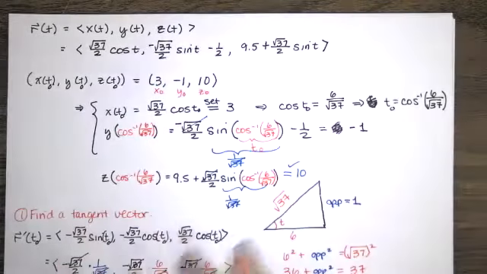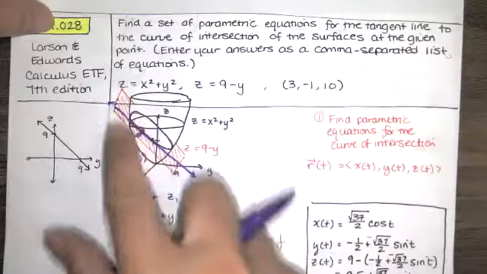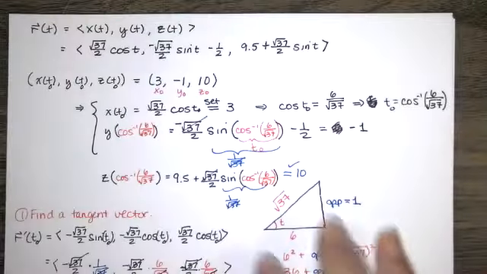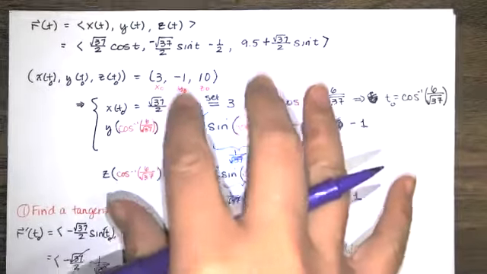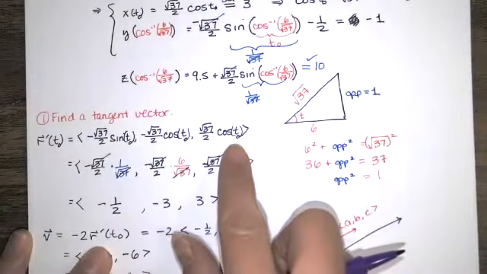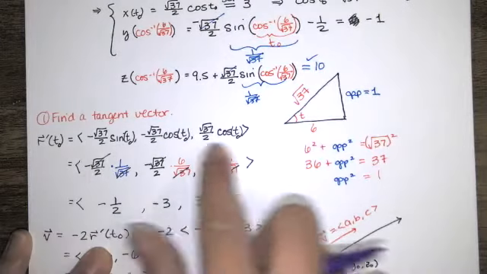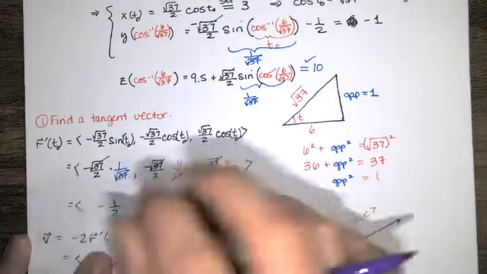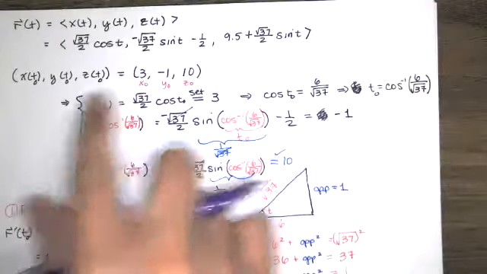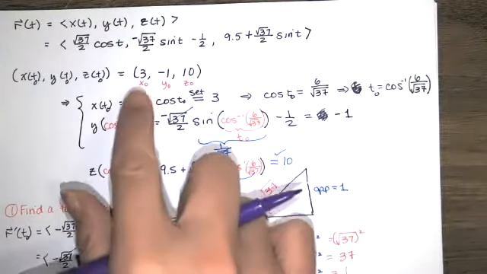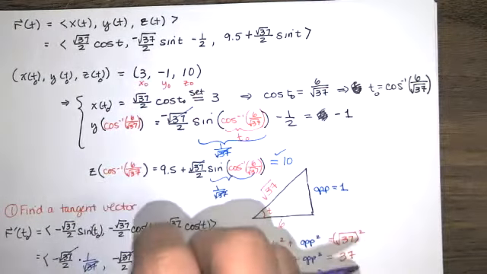Okay, so we got our parametric equations of that circle, that slanted circle in 3-dimensional space. It's going to look like that. And we said if we want the tangent line to that, first we need to find a tangent vector. So you compute r prime, and then you evaluate it at the t value that corresponds to that location, x, y, and z.